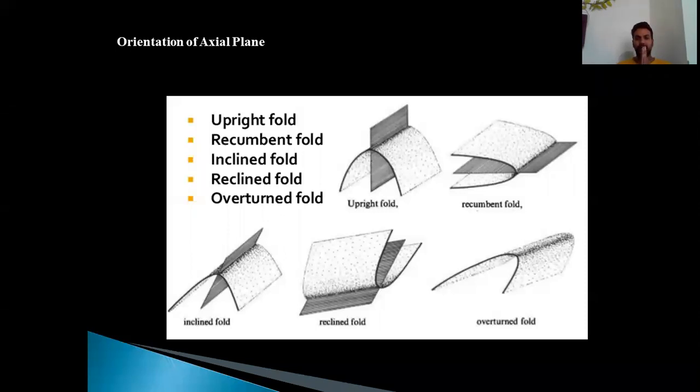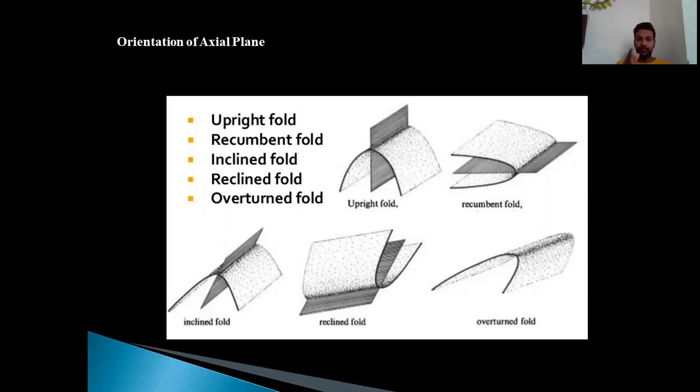When the axial plane is exactly vertical, in that case, you can term that fold as an upright fold. Sometimes it is also called a symmetric fold. Why? Because if your axial plane is exactly vertical, then that fold can be divided into 2 equal halves. Hence, it is also called symmetrical fold because on its division, it is divided into exactly 2 equal halves.